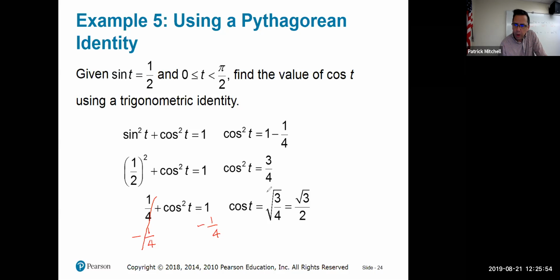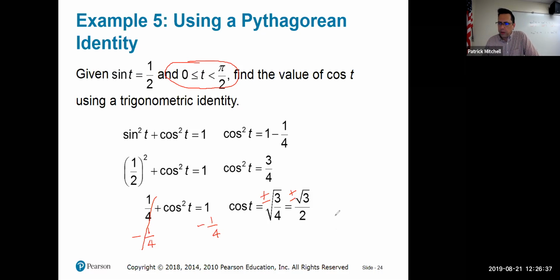So normally, if you know that the square of a mystery number is 3/4, then all that tells you is that the mystery number is either the positive or negative square root of 3/4. So technically at this point, all I know is that cosine t is either the positive or negative square root of 3/4, okay? But the reason I know that it's the positive one is because they told me that t is between 0 and pi over 2.